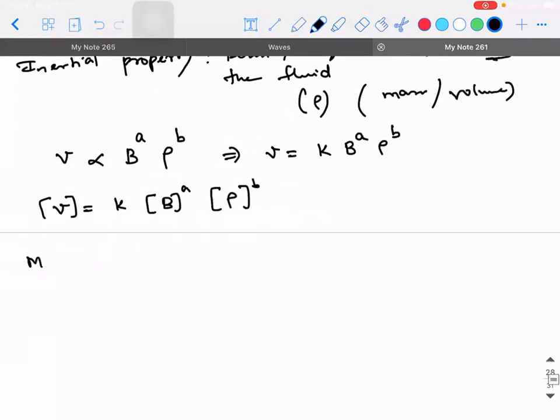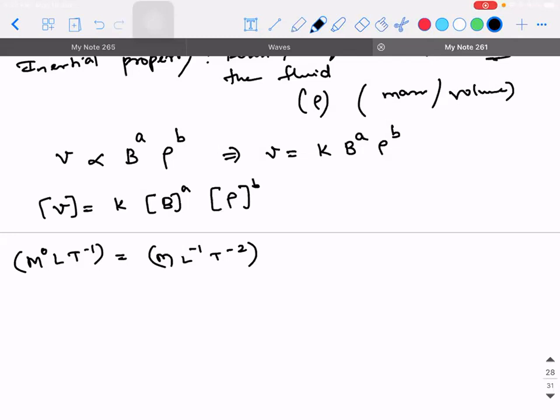So again, dimensional formula of V is M0 L T minus 1 is equal to, what is the dimensional formula of bulk modulus? It is M L minus 1 T minus 2, because bulk modulus is the same as pressure.